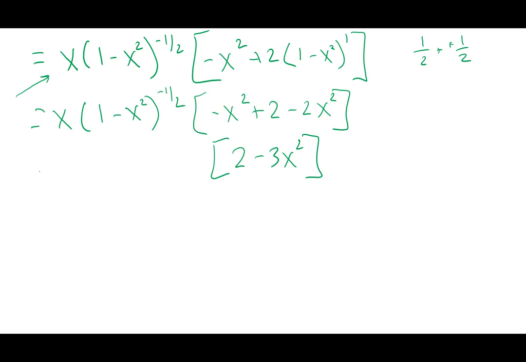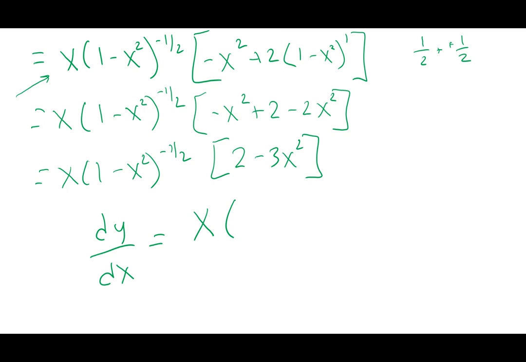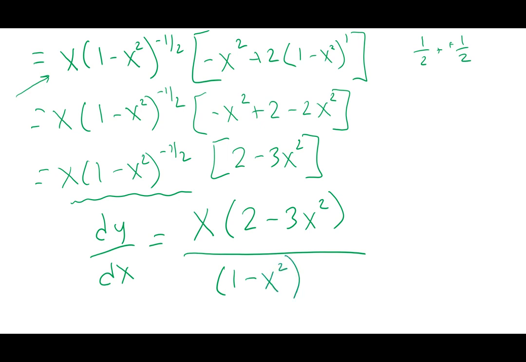So now I am going to take my final answer and simplify it. In order to simplify my final dy dx, I'm going to leave the x in the numerator. I'm going to do 2 minus 3x squared. I'm going to take this 1 minus x squared to the negative 1/2 power, and I am going to move it to the denominator, which will, of course, make it positive.